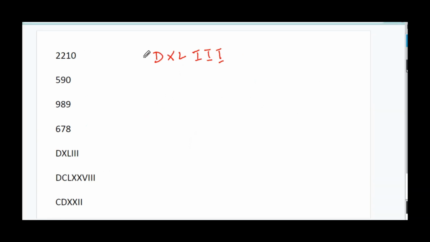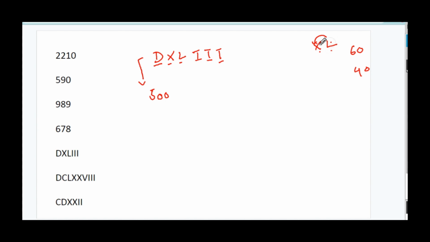Now we have to change this Roman numeral into numbers. For that, write your numbers. 500, XL, remember this is X and L. XL means not 60, this is 40. Why? Because X is coming before L, a small number is coming before a big number.